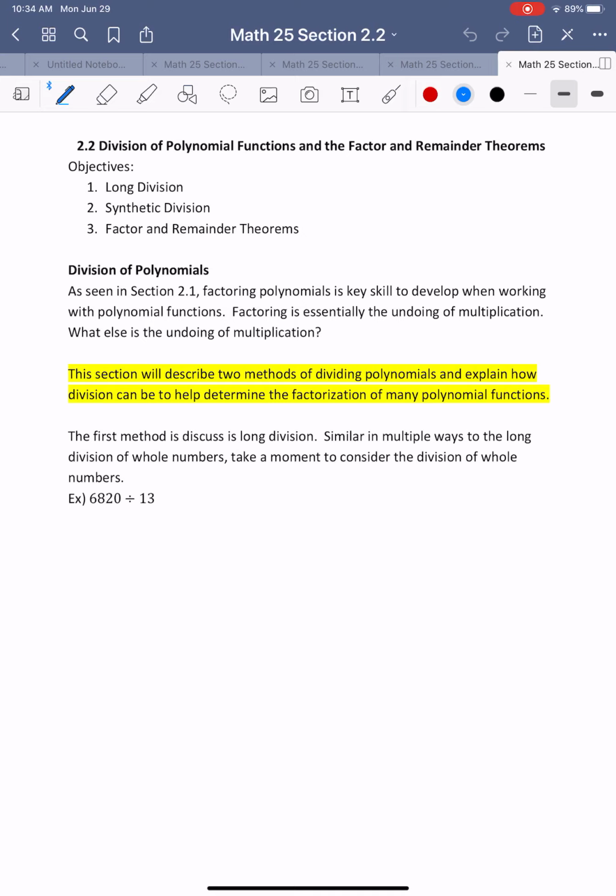So the first method is long division. It is similar to the long division of whole numbers, so take a moment to consider the division of whole numbers. Okay, I want to divide 6,820 by 13. 13 goes into 68 five times, which is 65.